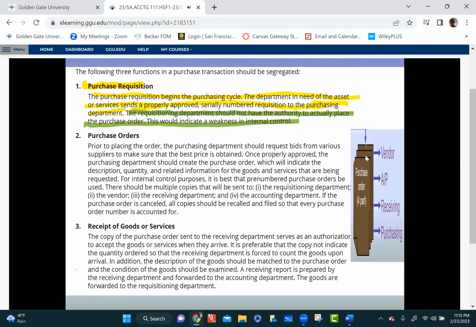Why? Why do we have two separate departments? We have the requisition department. We've got our IT department. It says we need 25 laptops. And so we don't want our IT department manager to call the computer vendor themselves or place the order with the computer vendor themselves.